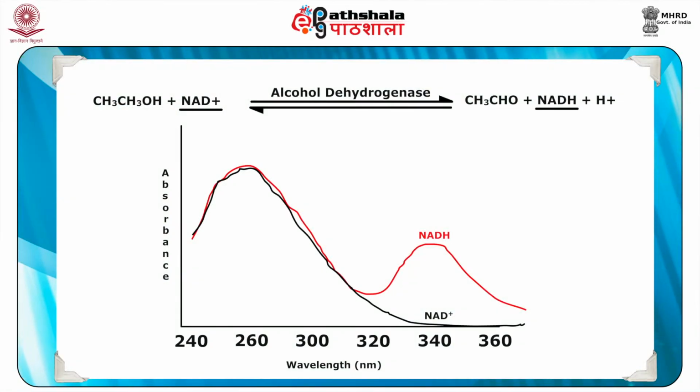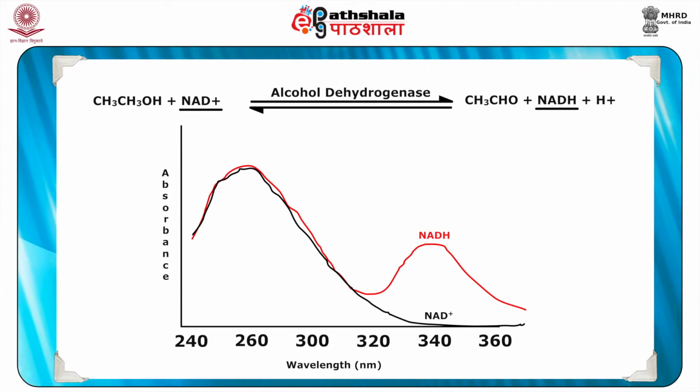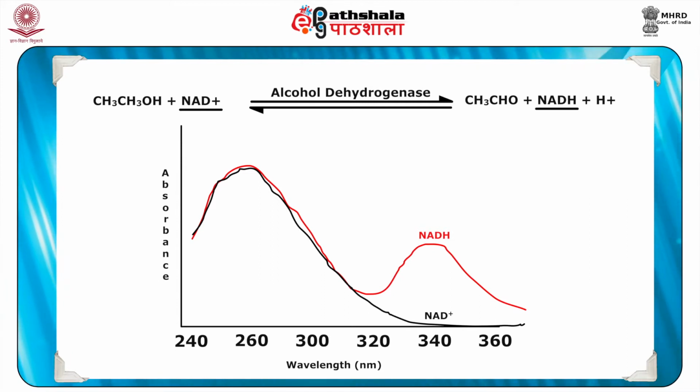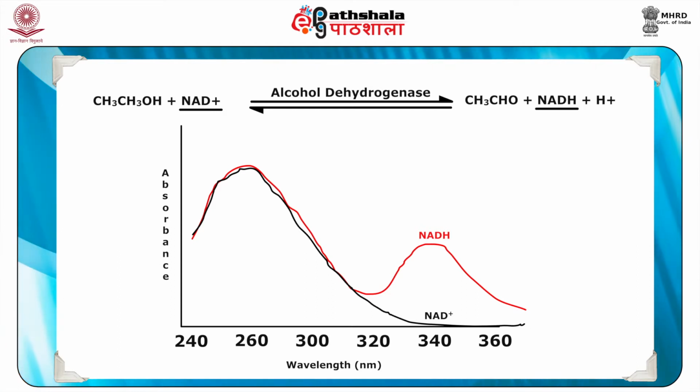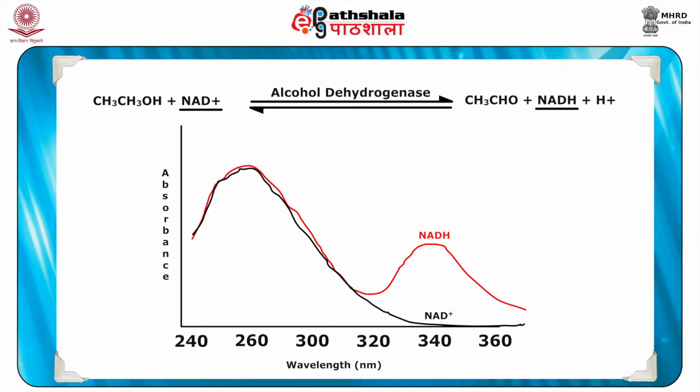An example of this type of assay is the oxidation of alcohol to acetaldehyde in the presence of the enzyme alcohol dehydrogenase and coenzyme nicotinamide adenine dinucleotide oxidized, or NAD+.